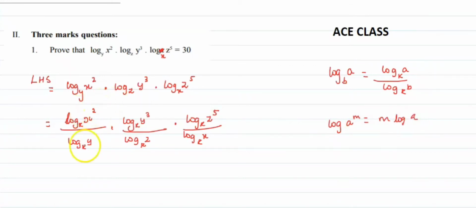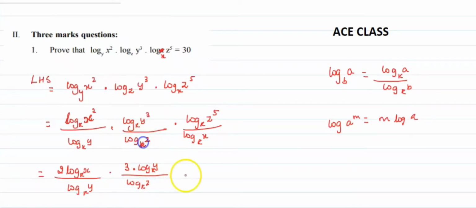So wherever I have powers, I will write log of x squared to the base k as 2 times log x to the base k, divided by log of y to the base k. This one I can write as 3 into log y to the base k divided by log of z to the base k. This is k, not r. This one I can write as 5 times log of z to the base k divided by log of x to the base k.